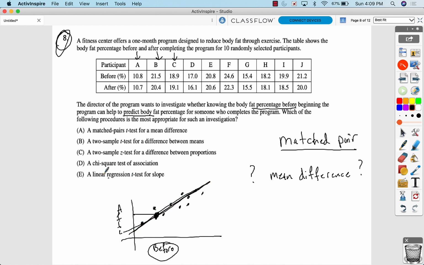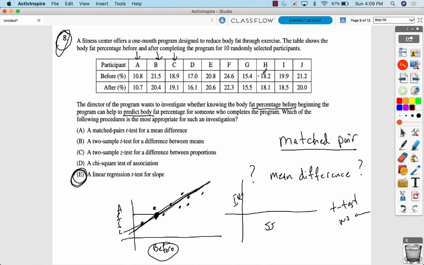Well, how do you test for an association? You do a linear regression t-test. Okay, so if you're trying to predict a y based off knowing an x, then you'd have to have an association, right? Because if it was like shoe size and IQ, I'm trying to predict IQ off shoe size. If you run a t-test, there would be no association, and you can't do it.